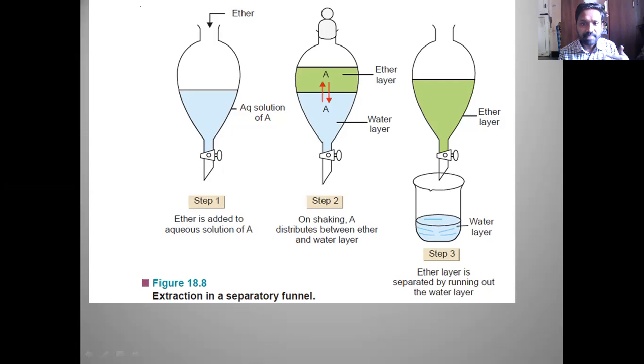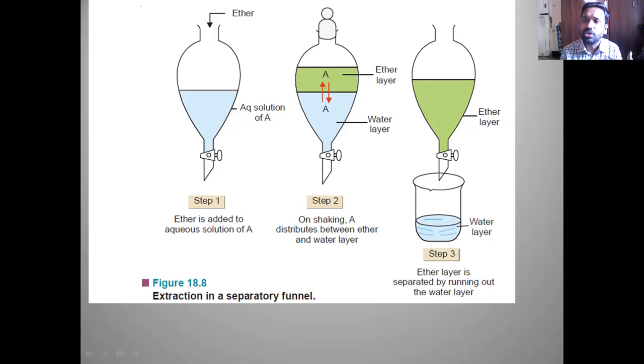Now, into that aqueous solution, you can put an organic compound. Okay. Now, this aqueous solution would solubilize the organic compound to some extent.